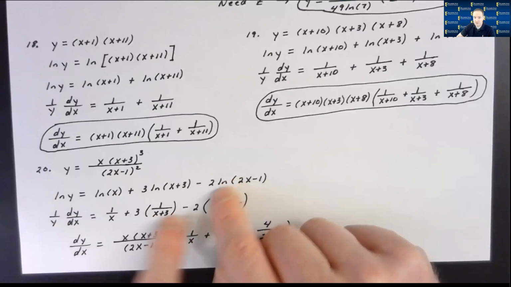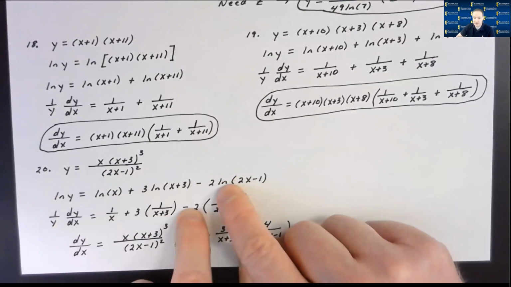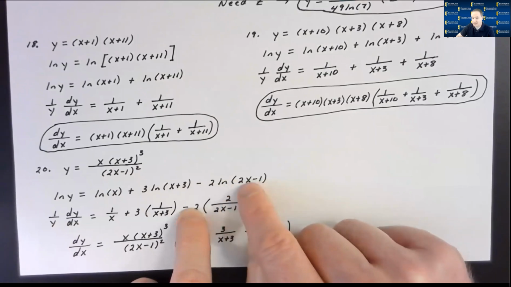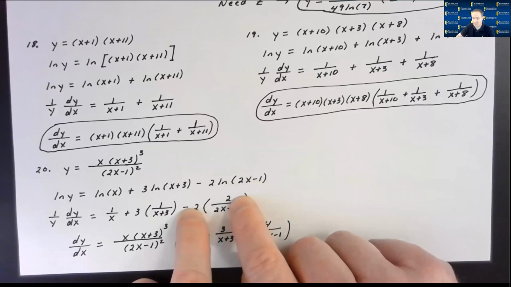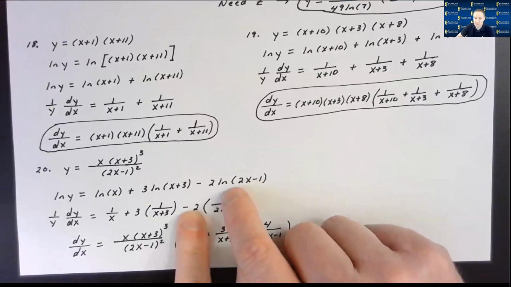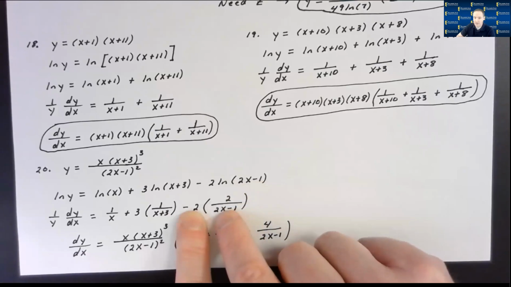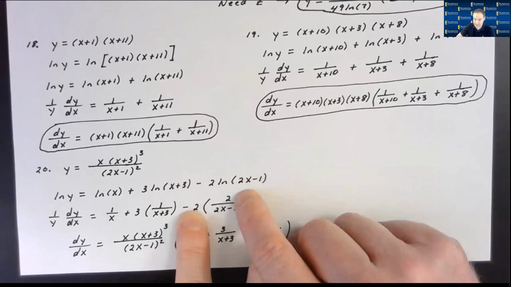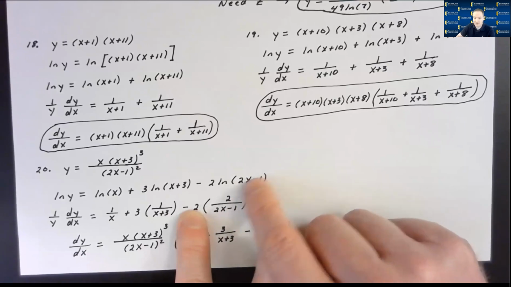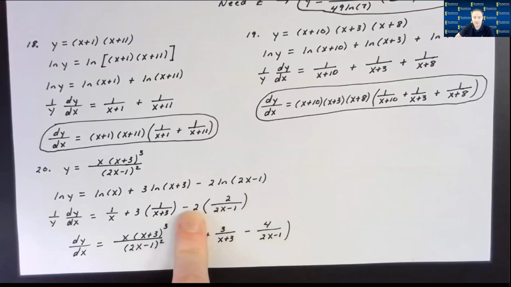Then minus 2 times the derivative of this logarithm, which is going to be 1 over 2x minus 1, but then be careful, times the derivative of the inside, which is where that 2 in the numerator came from. I could have shown it out as 2 separate steps, 1 over 2x minus 1 times 2, but you might as well just go ahead and say that times 2 just means the numerator is going to be a 2. Derivative of what's inside always goes in the numerator.